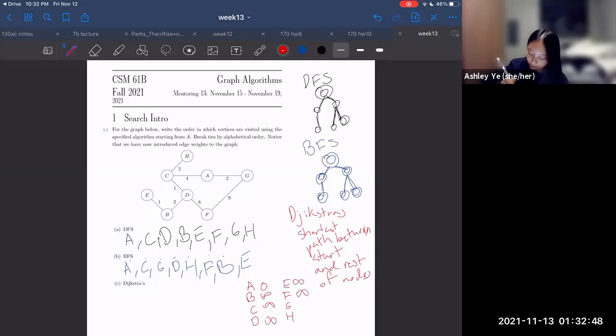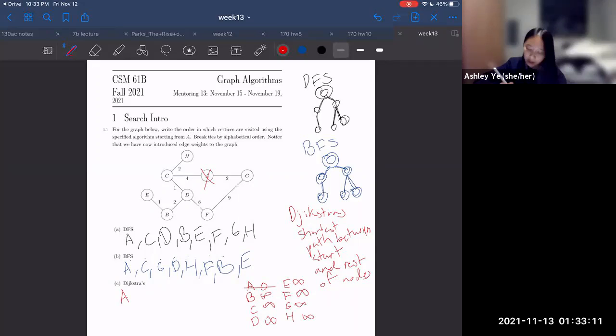We're saying it takes 0 time to get to A, and infinite time to get to the rest of the places. And then we look at all the values here. A has the smallest value, so we want to mark it as seen and visit it.